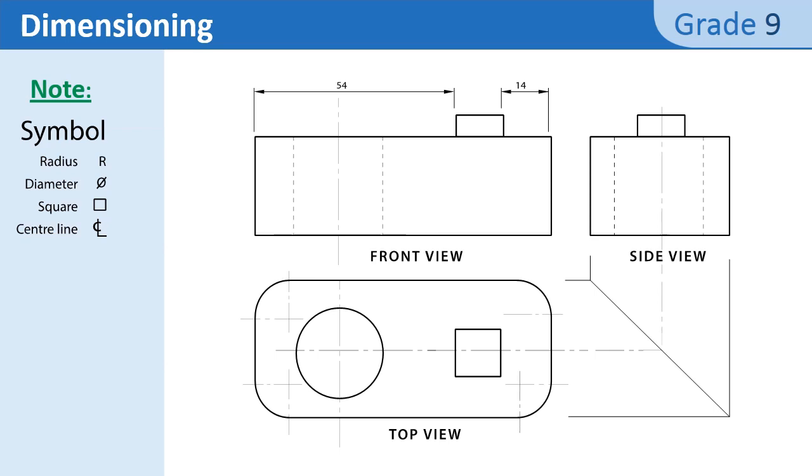The distance between the arrow and the view is 10 millimeter, and the little gap here is 2 millimeter. The arrow size is about 4 millimeter by 2 millimeter.